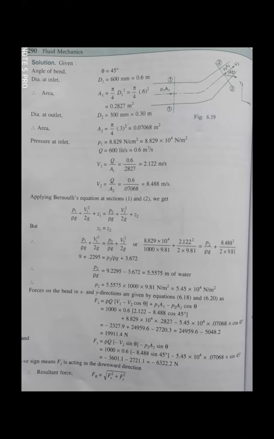Actually, you have to raise questions at this point: why Z1 equal to Z2 is written when there is some difference in levels seen in the figure. Now I am asking you instead why Z1 is equated to Z2. Hello, diploma people, respond.